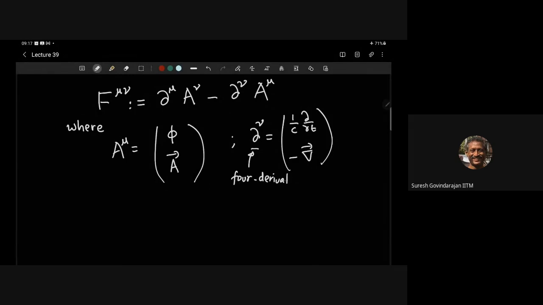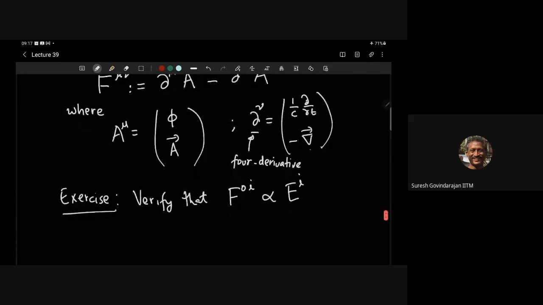It combines the spatial derivatives with the time derivatives. So this is what happens. You can verify as an exercise that F0i is proportional to E, it might be equal to, it's plus or minus, that's all. Check that.